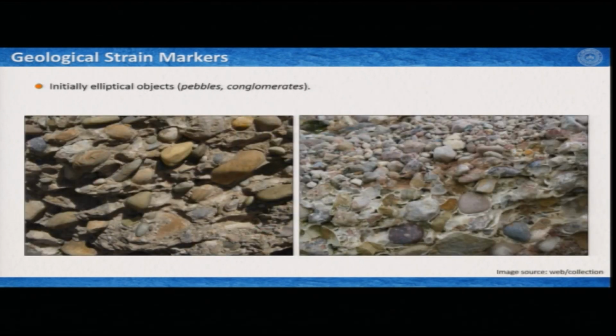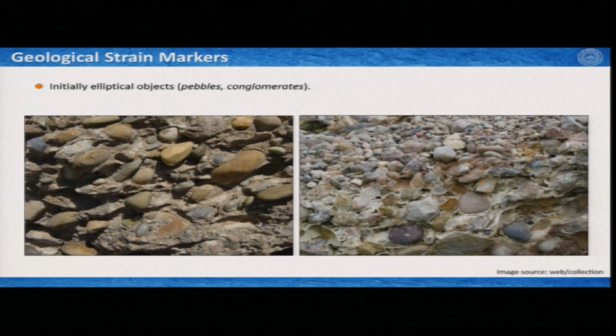Now consider some elliptical objects. They are not perfect ellipses or ellipsoids, but statistically you can consider them to be of similar shape and geometry. For example, pebbles in conglomerates, as you can see in these two photographs.